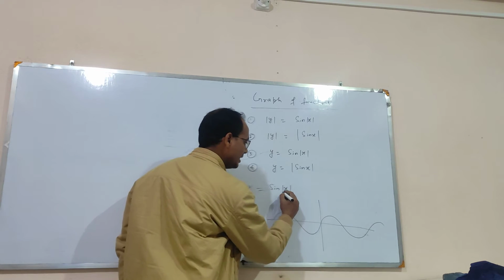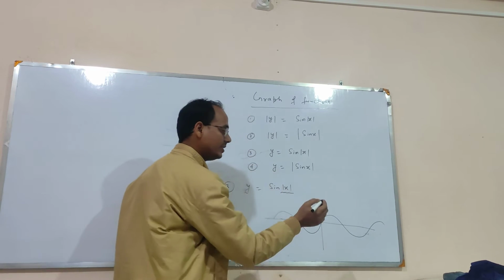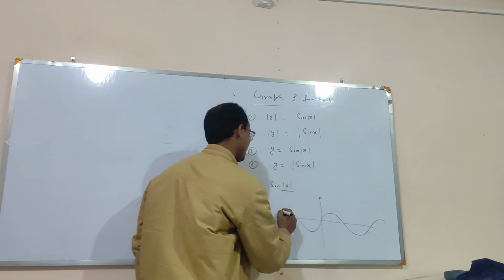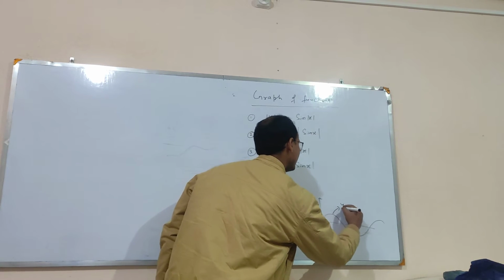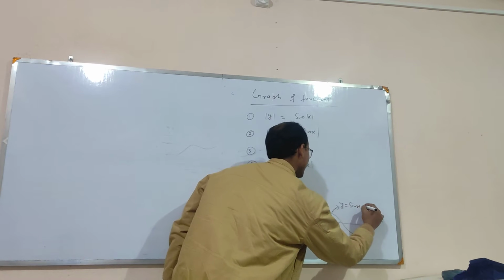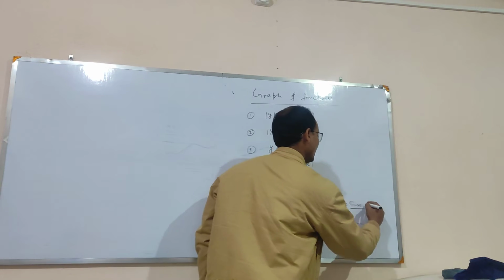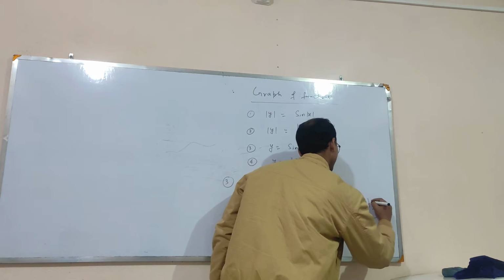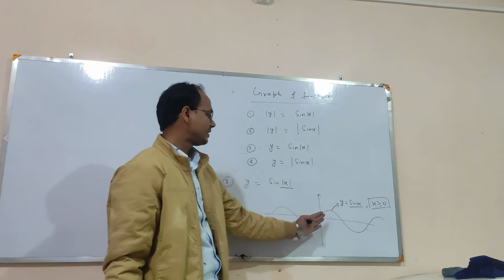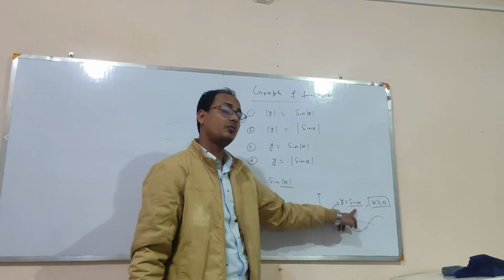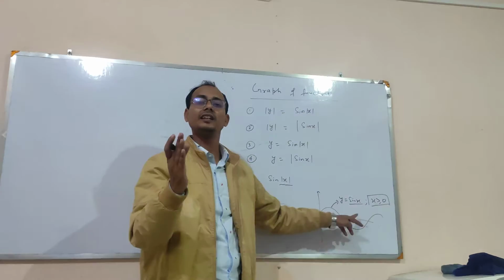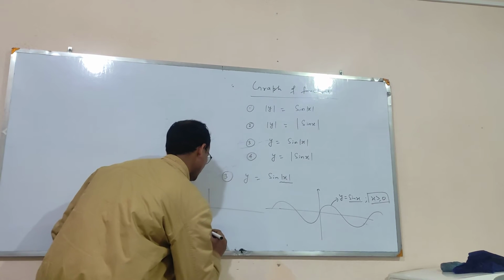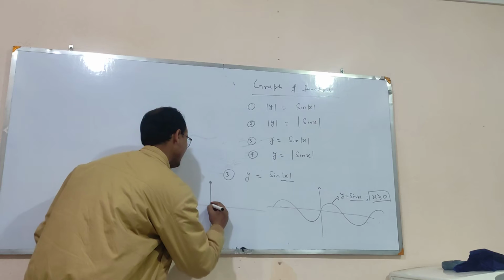Now, since here we are having mod with x, we will take the graph of the function y equal to sine x as it is for the value x greater than equal to 0. So for positive x, we will take the graph of y equal to sine x as it is. So our new graph will be like this.